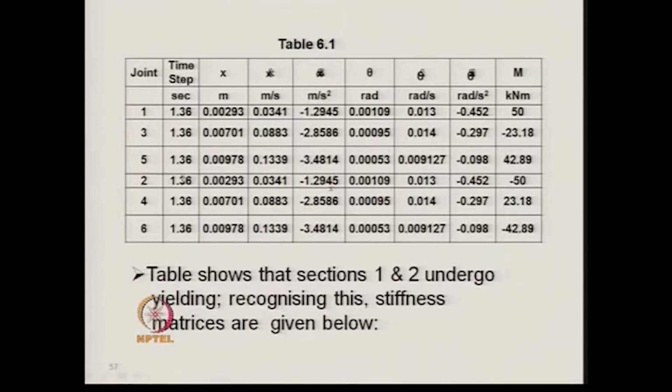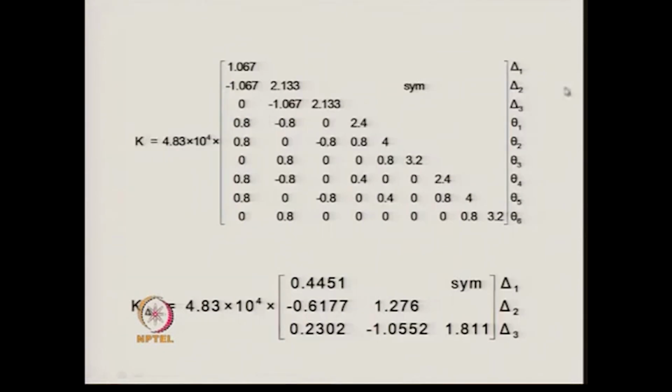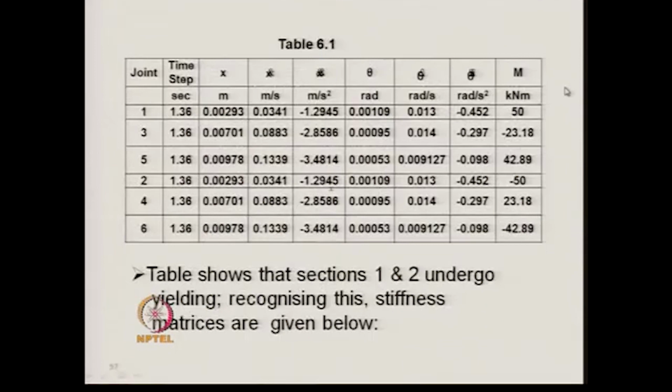With the help of these rotations and the displacement, one can calculate the bending moment at the two ends of the lower beam, and for the two ends of the lower beam the bending moment is equal to 50, and next for the next beam it is 23.18 and it is 42.89 for the other beam.